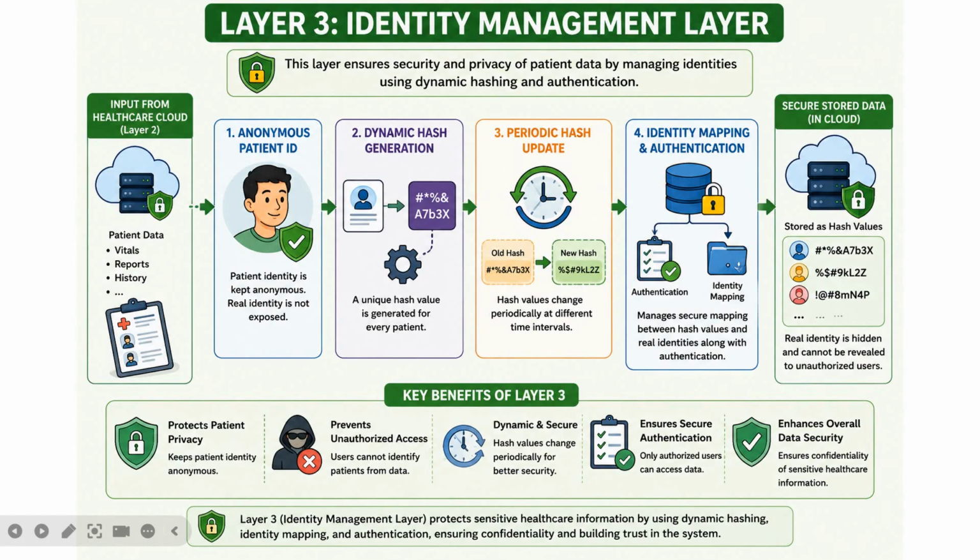Before the data can be accessed or shared, the patient's identity must be protected. The first step shown in the image is anonymous patient identification, where instead of storing a patient's real identity directly, the system hides the personal details and assigns an anonymous identity. This prevents unauthorized individuals from linking medical records to a specific patient.